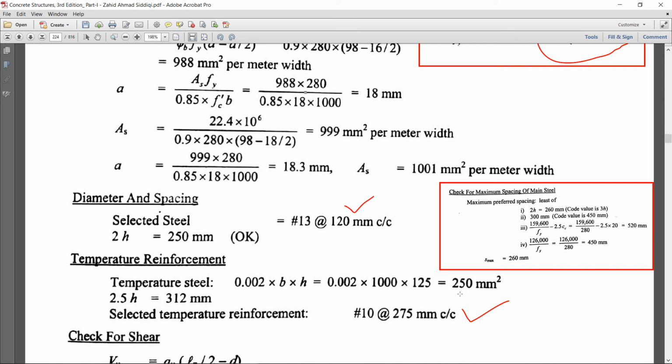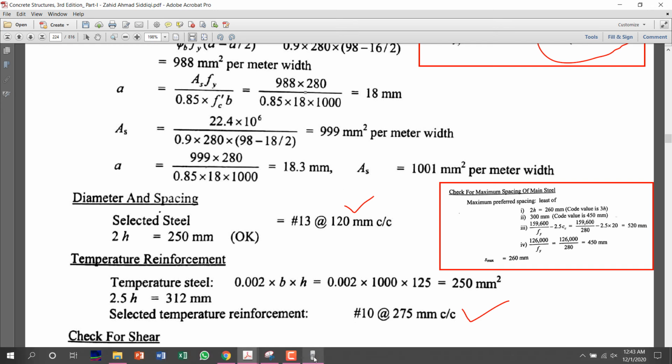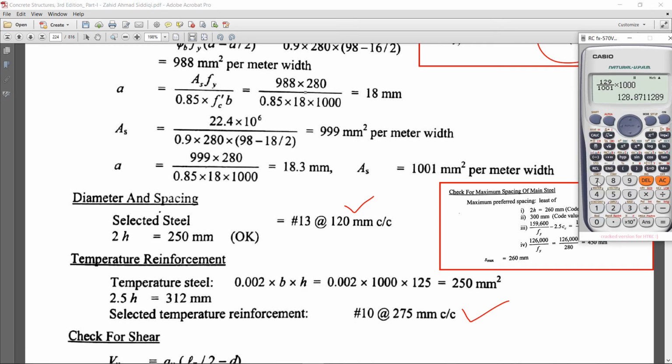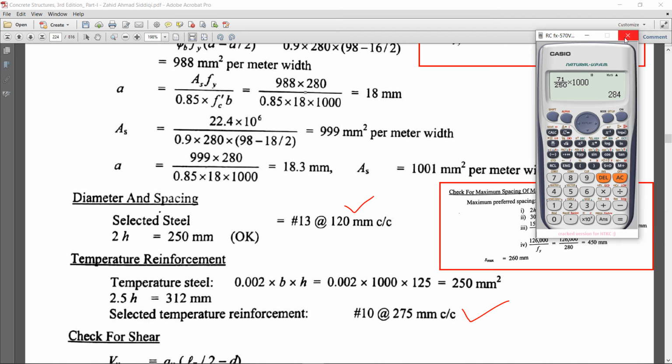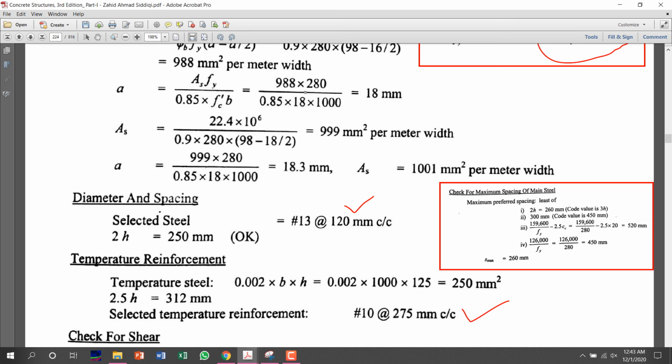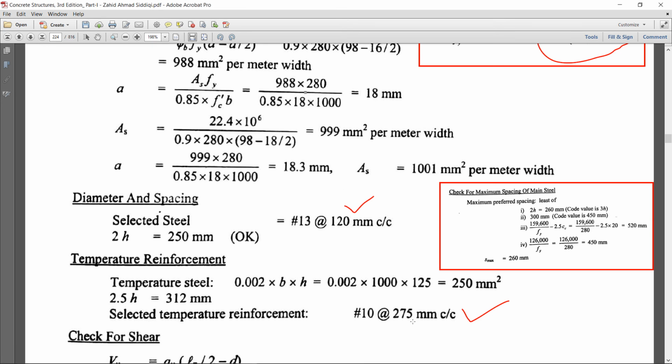You will take the area of one bar, that is 71 millimeter square. Then 71 divided by 250 and then multiply with 1000. That requires 284 millimeter spacing. So the author has rounded down a little bit to 275 millimeter.